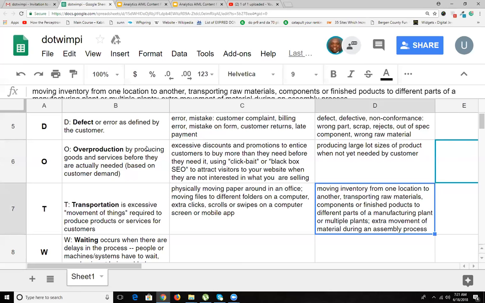If we reduce those things, it automatically brings down our cycle time, brings down our costs, improves our quality, and reduces the opportunity for us to make mistakes, and makes for happier customers at a lower cost product, which then allows us to grow our market share and provide a better standard of living to our workers. So that, at a high level, is what DOTWIMPI is all about.